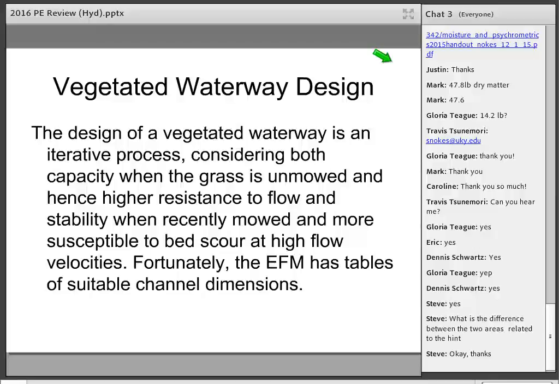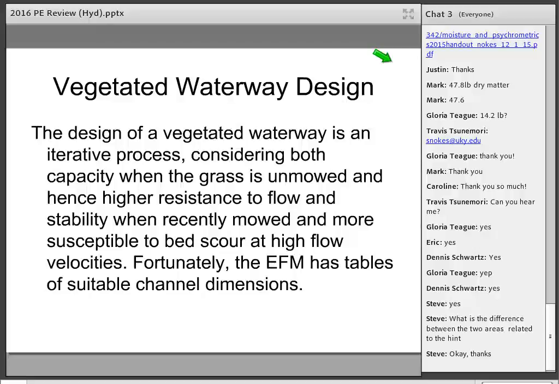If it's unmowed, it's going to be resistant to the flow. You're going to lose capacity. You're going to have slower flow through it because you've got this grass that's just going to slow things down. If it's recently mowed, you're going to have higher velocities, but you could have the problem of erosion and bed scour because you've got high velocities.